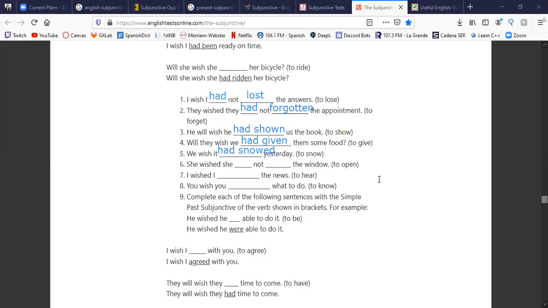Okay, for you, oh, you already answered it. She wished she had not opened the window. Yeah, perfect. I don't know how to make this text smaller, but that's okay. Oh, whoops, I typed the wrong verb. Opened. Okay, what's number 7, BCat?